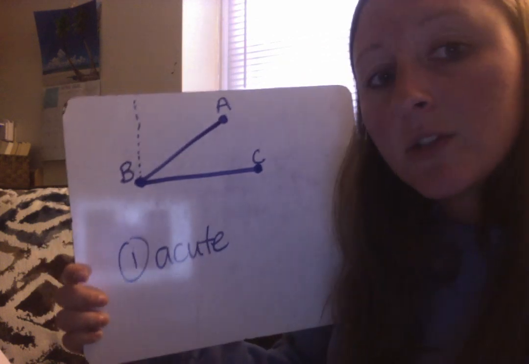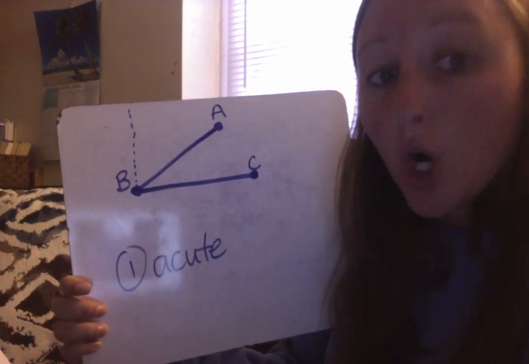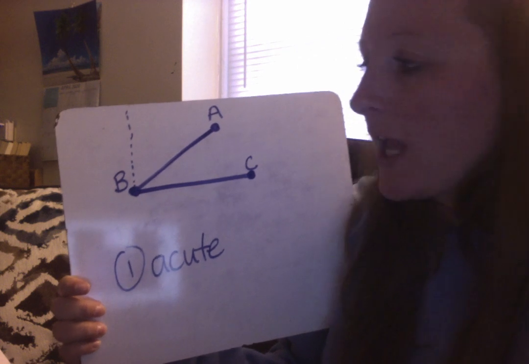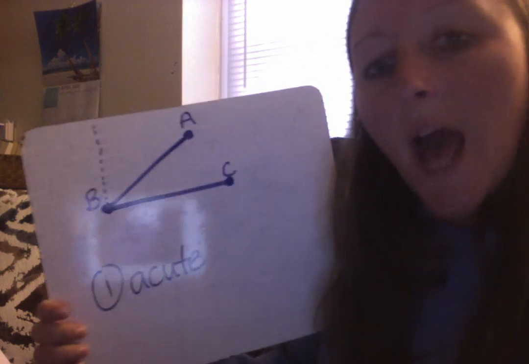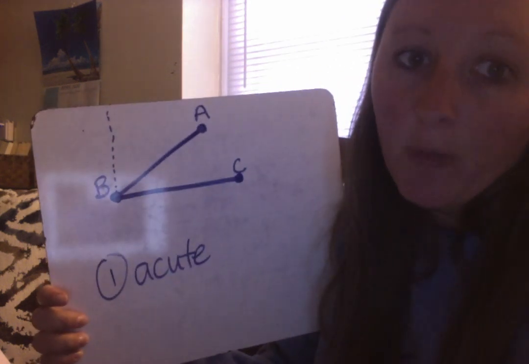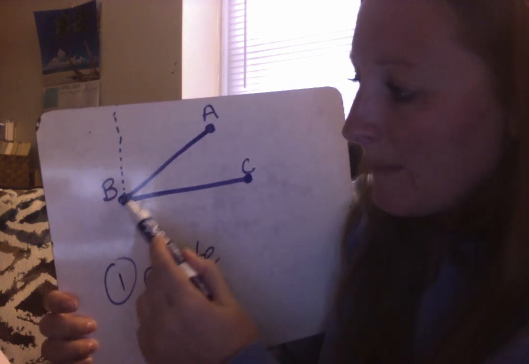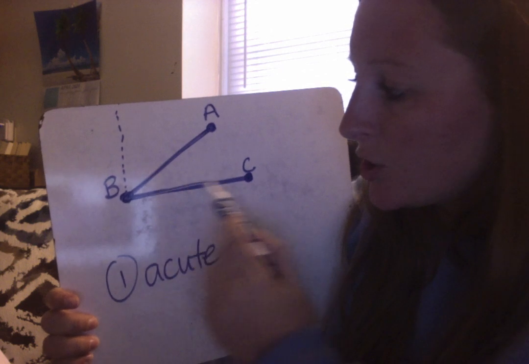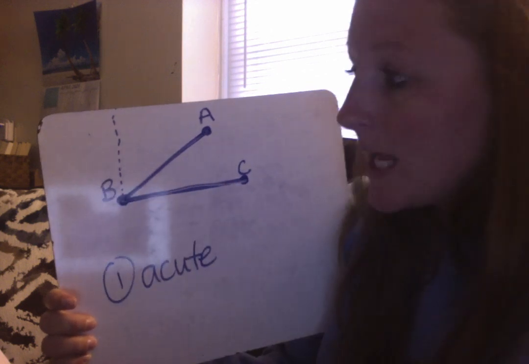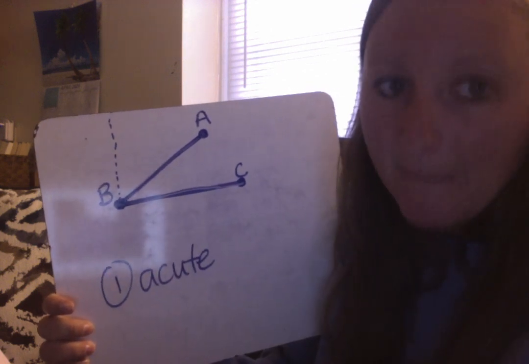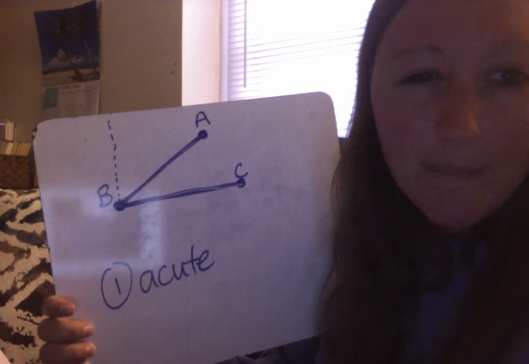But I also need to tell Miss Craw what this angle is called, the name of the angle. And the way that you do that is you always name the angle based on the letters. Whatever letter is in the middle of the 2 line segments is always the middle letter. It's almost like the middle name.